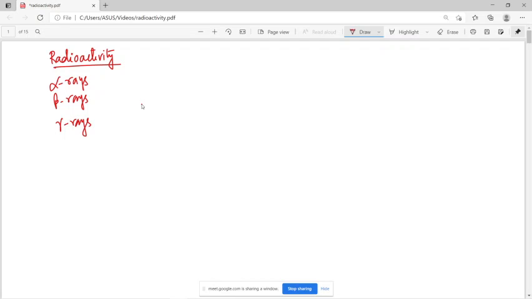That means, for example, uranium 92U238 will break into a daughter nucleus and a helium nucleus, which is nothing but an alpha particle. So that is about alpha decay.